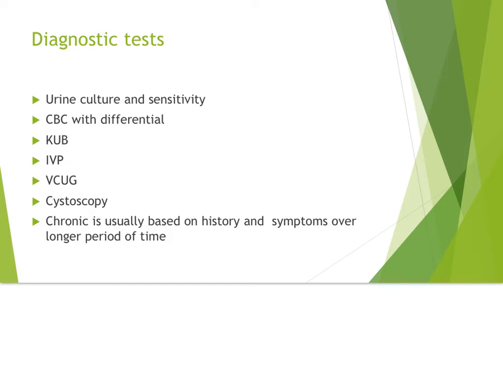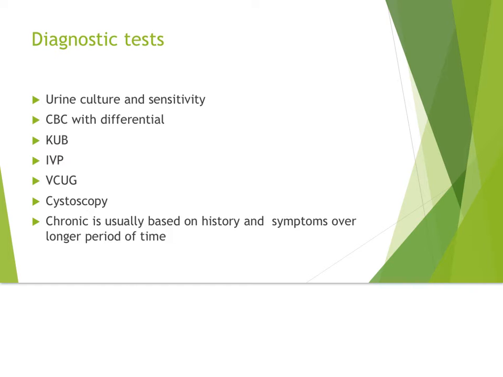And it's possible that if the culture is positive, we need to figure out, is it gram positive, gram negative? And if the urine culture is positive, then we know we need a sensitivity. The sensitivity, remember, is necessary because we need to know what antibiotic is effective.